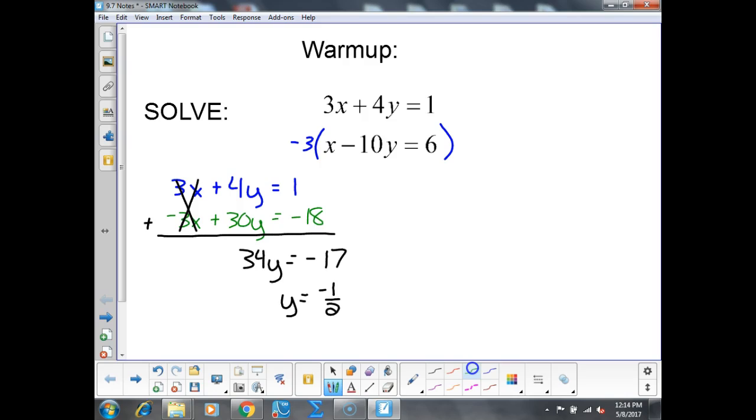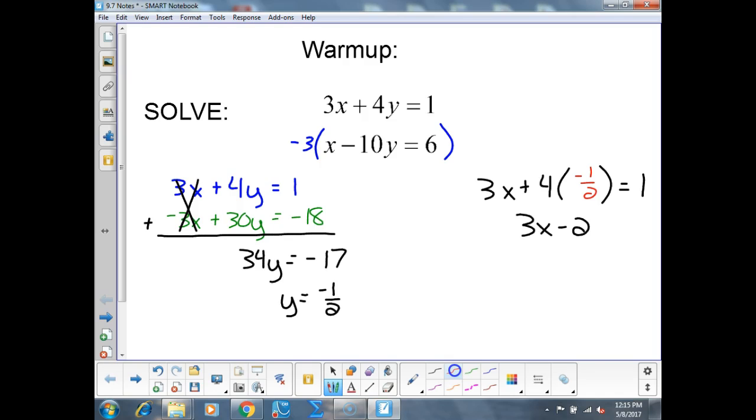Okay. So 3x plus 4 times -1/2 has to equal 1. So that's 3x minus 2 equals 1. 3x equals 3. X equals 1.